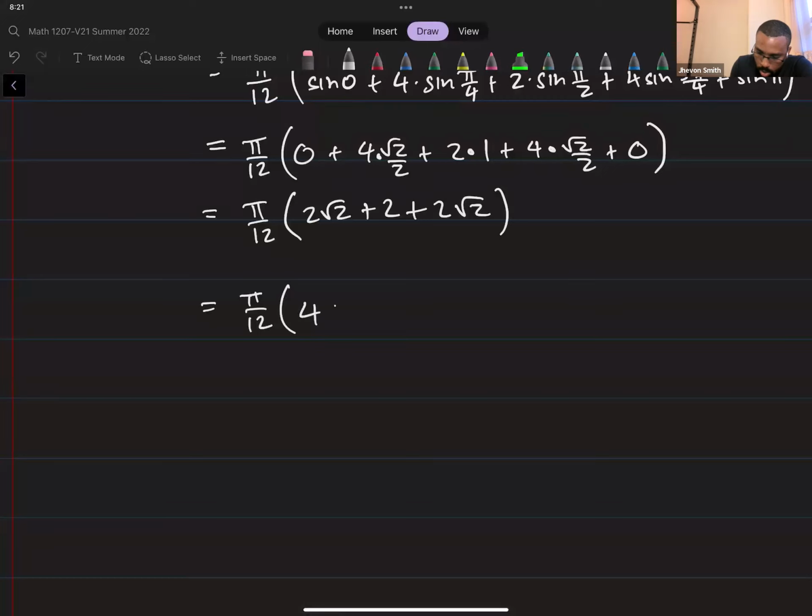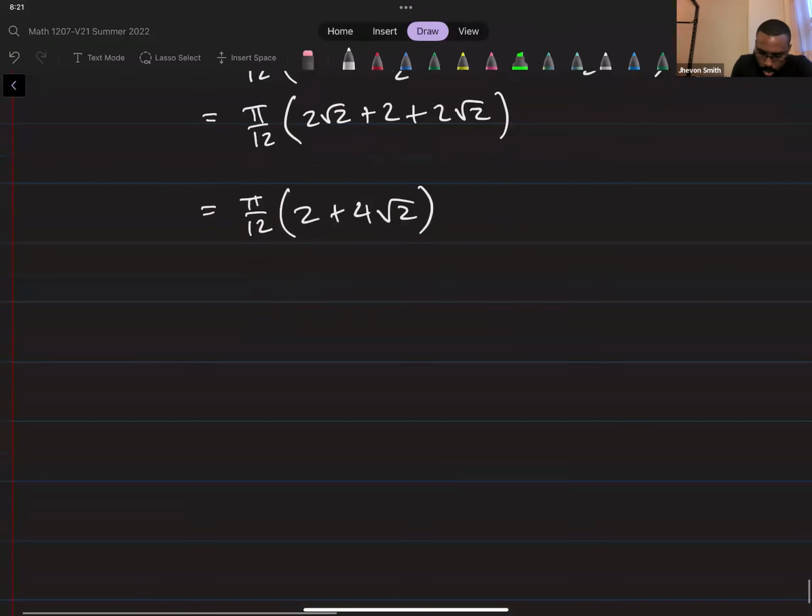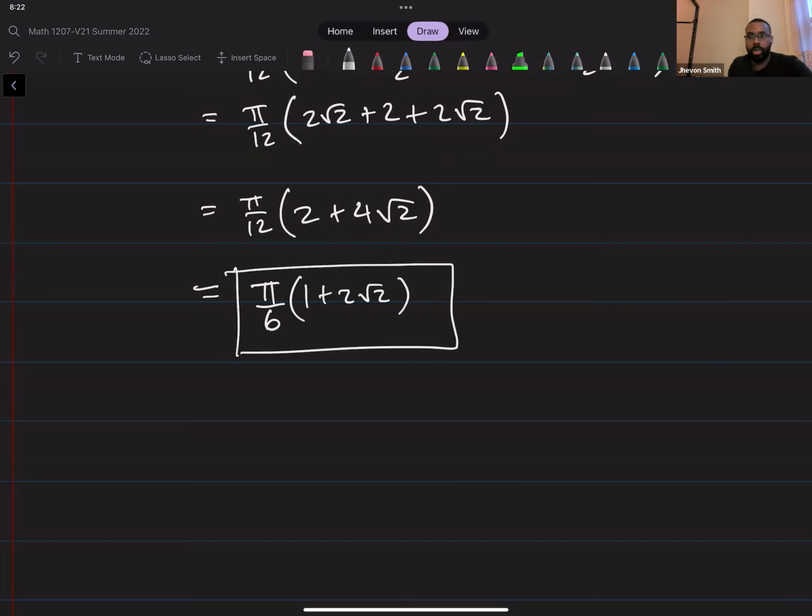So that's 4 rad 2. Let's put the 2 in front. 2 plus 4 rad 2. In other words, you can write this as pi over 6 times 1 plus 2 rad 2. That would be the approximation.